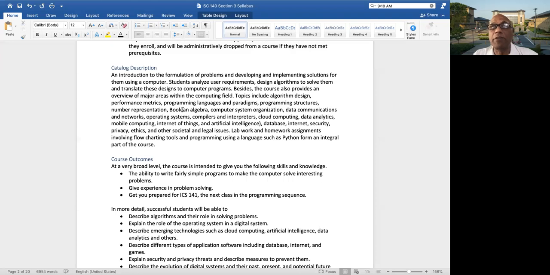The study material is to learn how to take a problem and solve it using a computer, which means you need to think through the problem, arrive at a solution, and that thinking process is very, very different. And that takes a while to master.